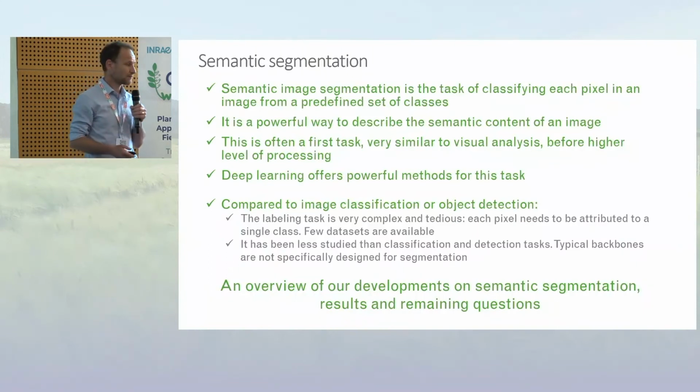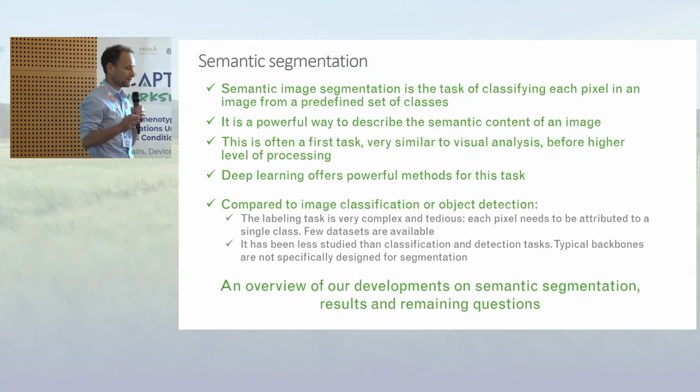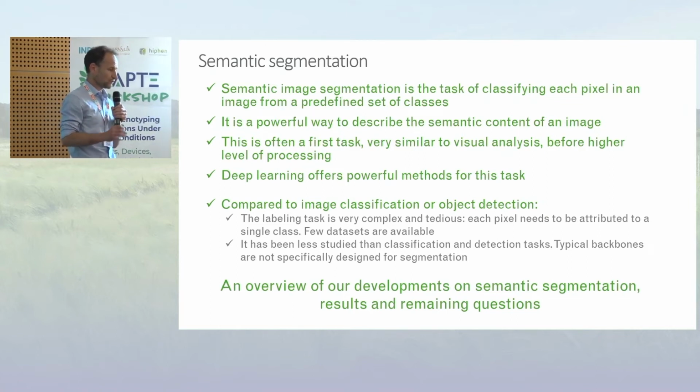So semantic segmentation is a task dedicated to classifying each pixel of an image into a predefined set of classes. So we can define which classes we want, and then each pixel of the image will be put in one class.